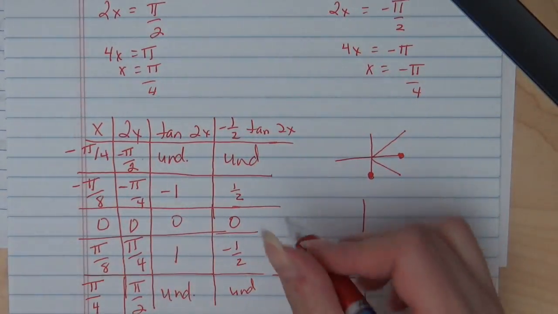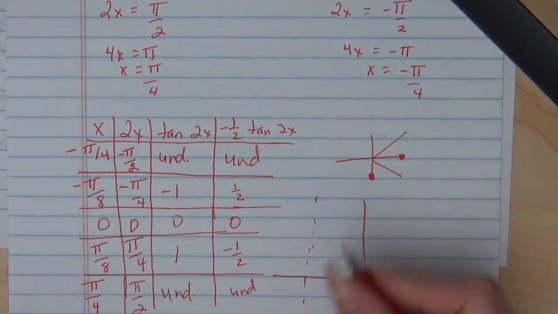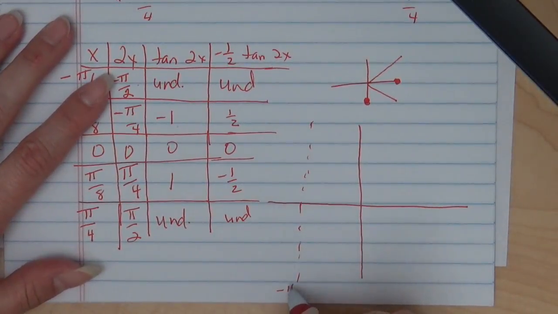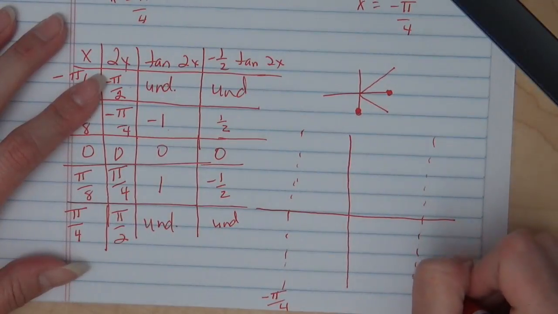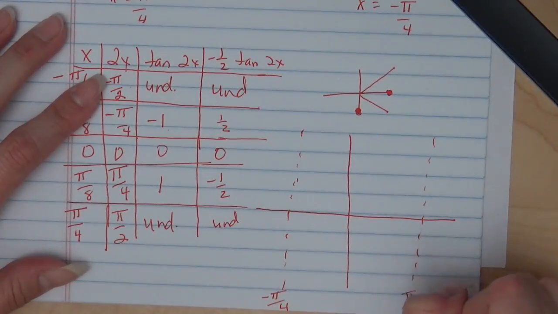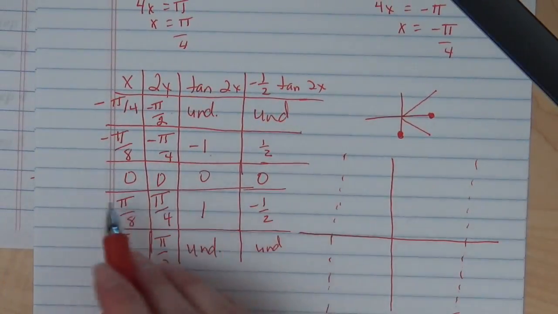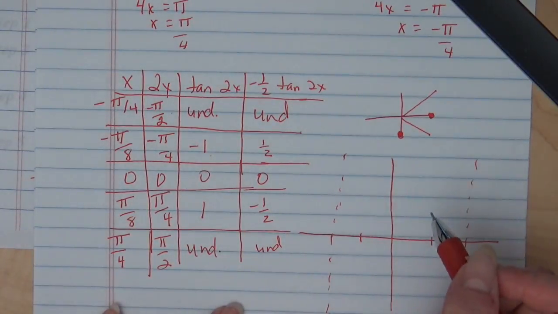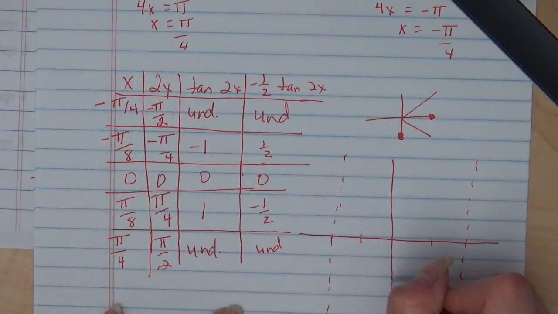So my asymptotes occurred at negative pi over 4 and positive pi over 4. And I've got values at negative pi over 8, 0, and positive pi over 8. And my y values, this time they're going from negative 1/2 to positive 1/2, so I'm going to label that.